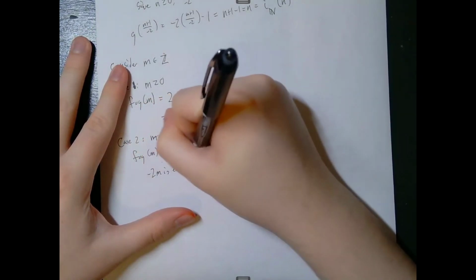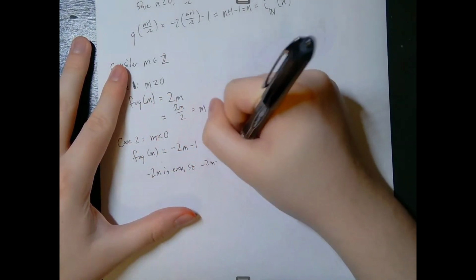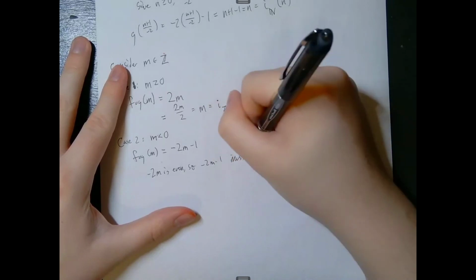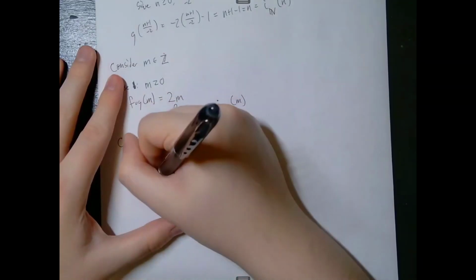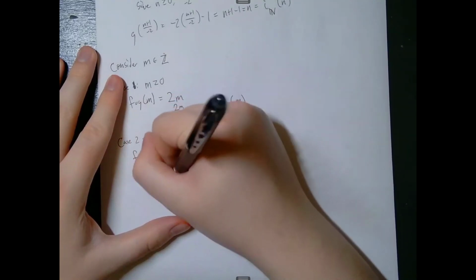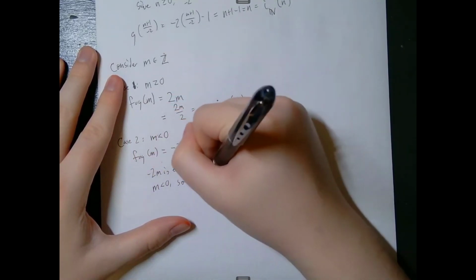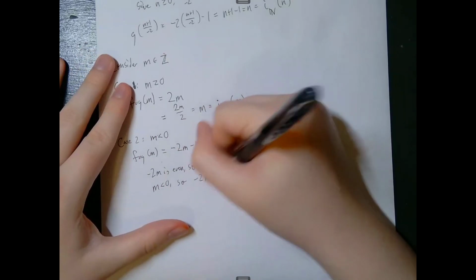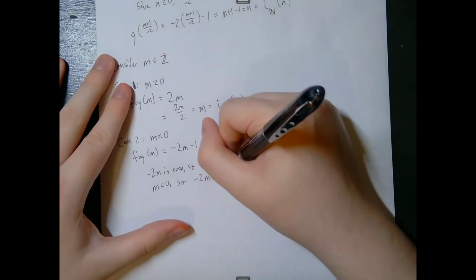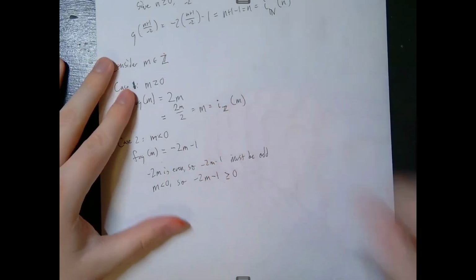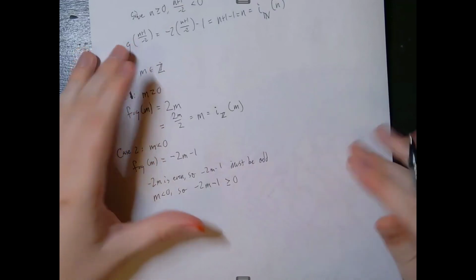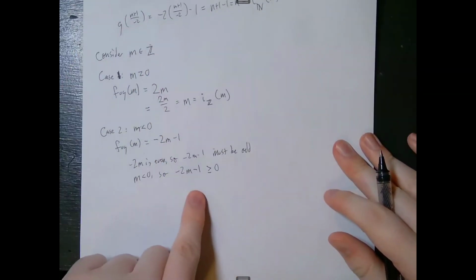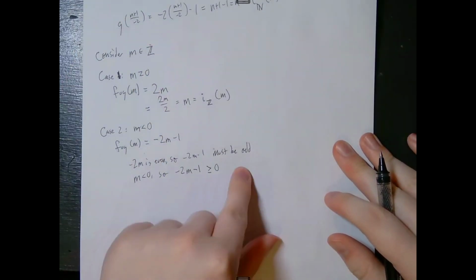So negative 2m minus 1 must be odd. Furthermore, m is less than 0, so negative 2m minus 1 is greater than or equal to 0. What this means is that negative 2m minus 1 is guaranteed to be a natural number that is odd.